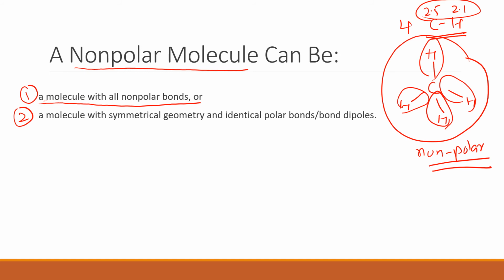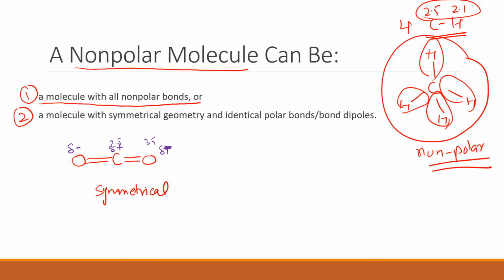So, for example, if I have a linear molecule such as carbon dioxide. Now, in this case, the molecule is symmetrical and it has dipoles because carbon is 2.5, oxygen electronegativity is 3.5, and this is partial negative, this is also partial negative, and that's partial positive.